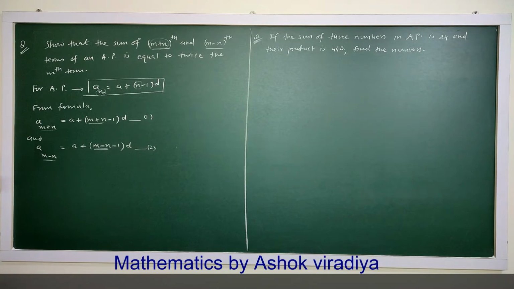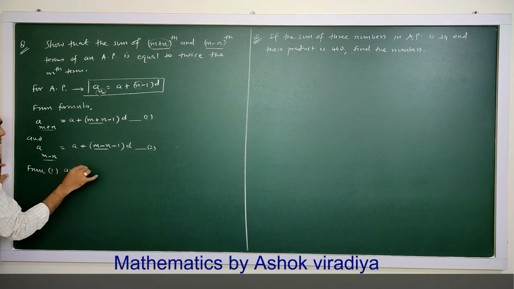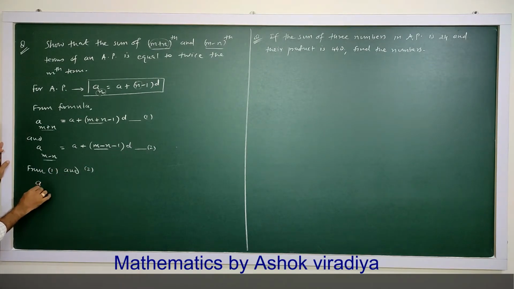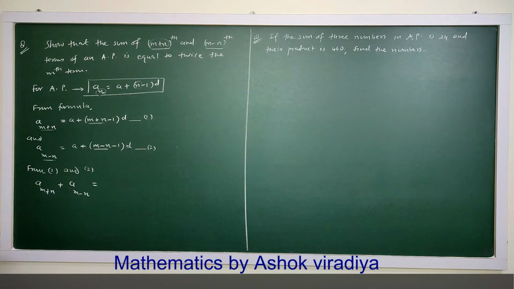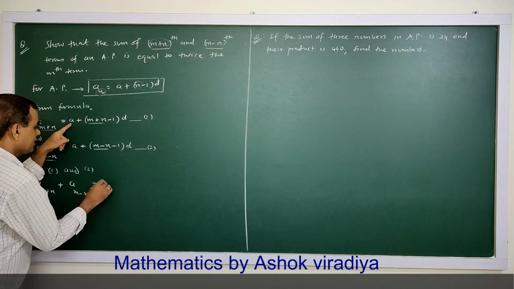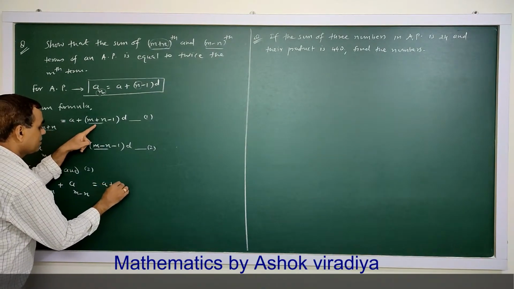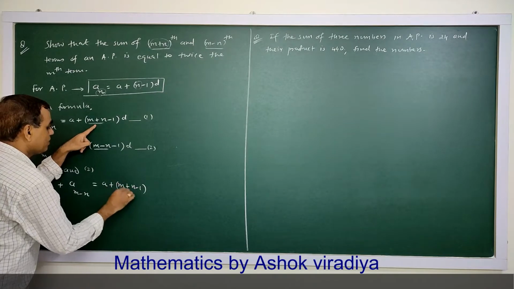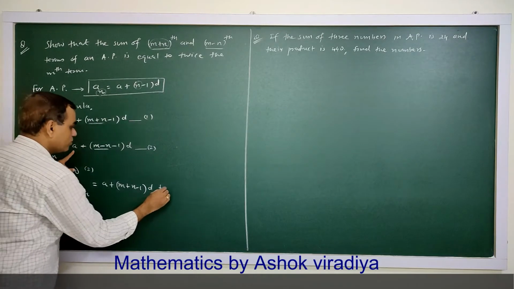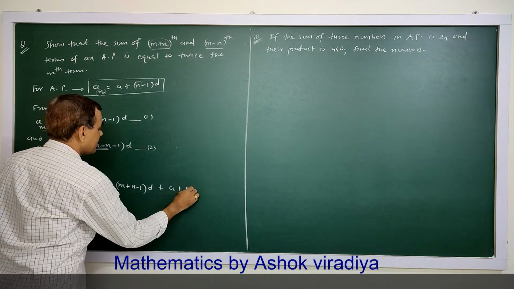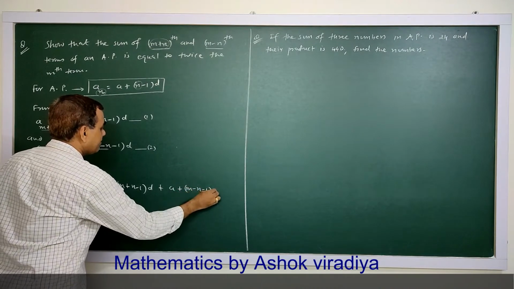Now we are adding these values. So from 1 and 2, the m plus nth term plus the m minus nth term is equal to, LHS plus LHS, a plus m plus n minus 1 times d plus the RHS of equation 2, a plus m minus n minus 1 times d.